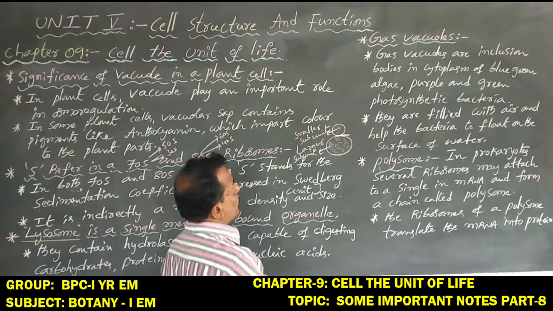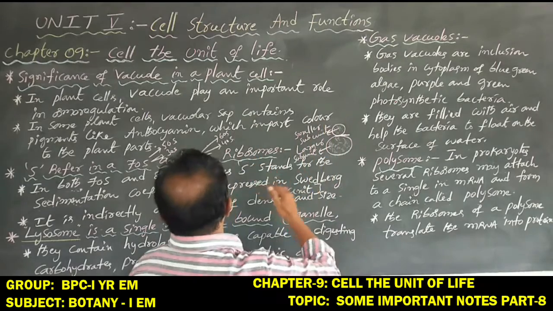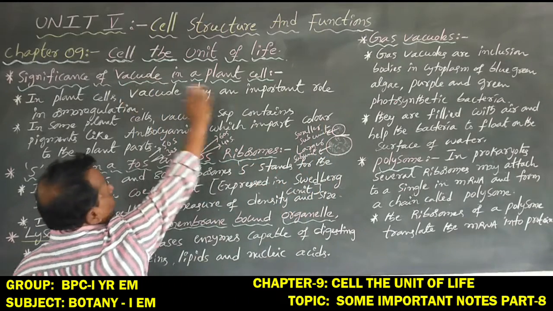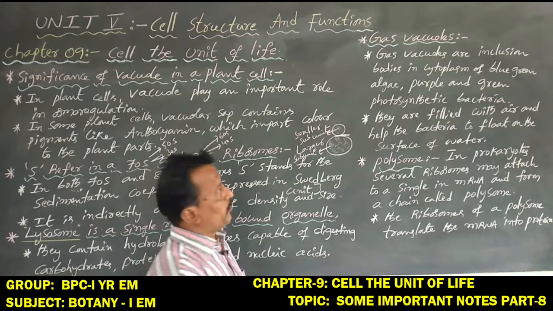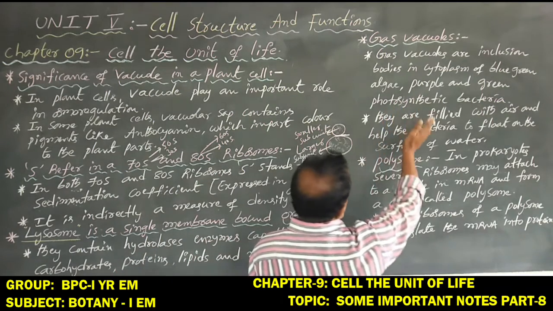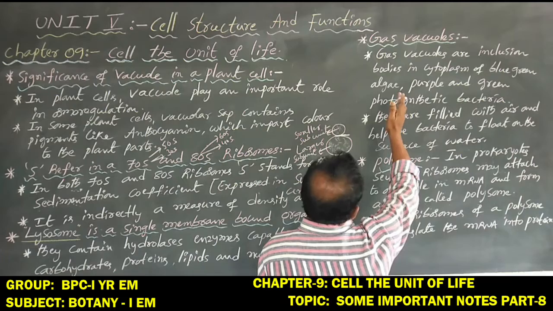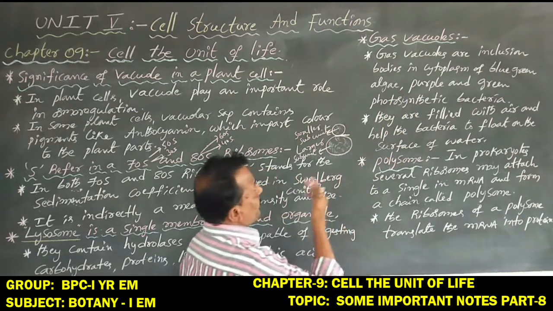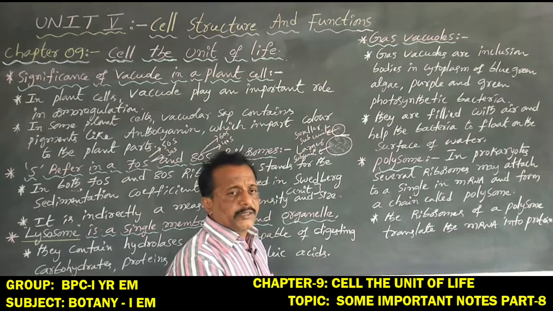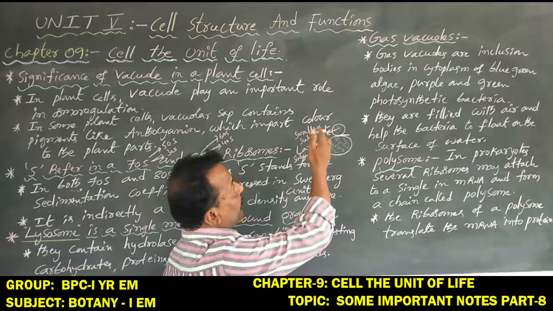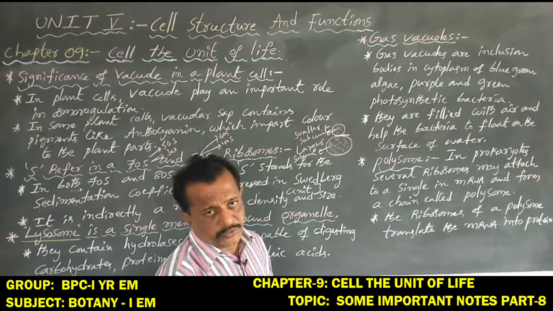Next coming to gas vacuoles. This is a vacuole and this is a gas vacuole. Dear students, gas vacuoles are present in which organisms, and what is the function of gas vacuoles?